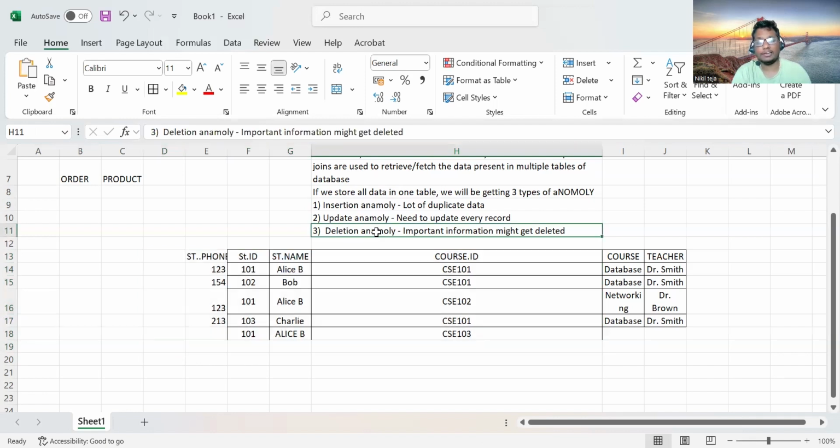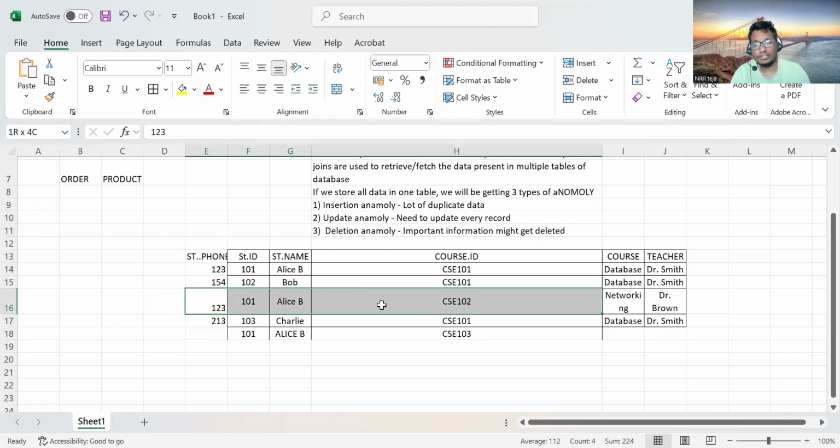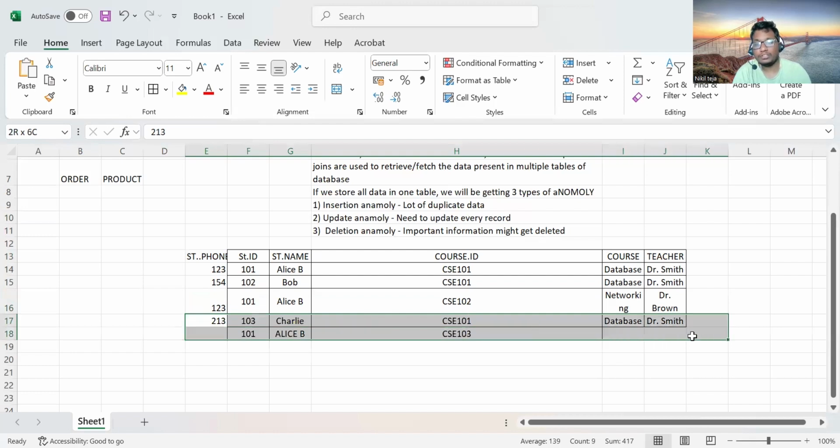And next is deletion anomaly. For example, I don't want this record, let's go with Charlie. I don't want this record because he got a job, so he left the course and went to the job.